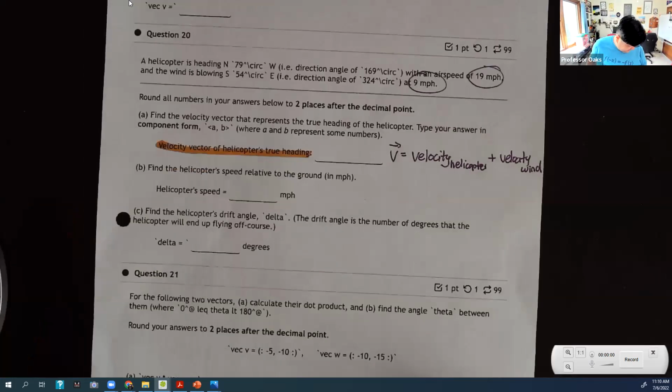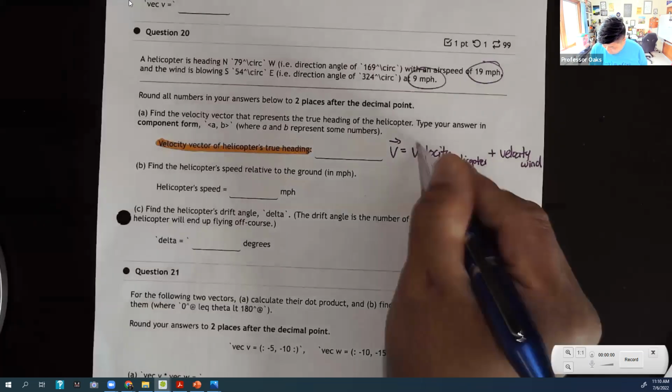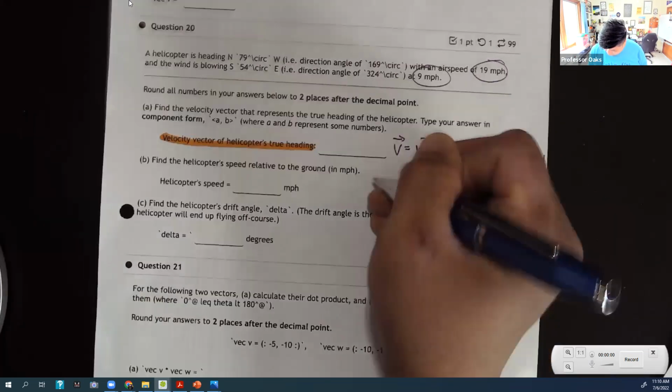But the velocity formula is, I'm trying to make sure I know where this is. Oh, yes, okay. Sorry. It just wanted the velocity vector.